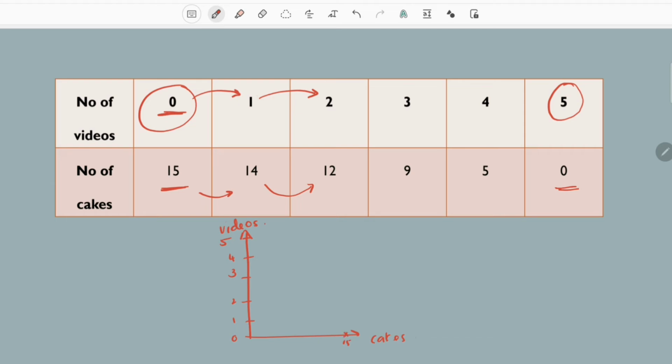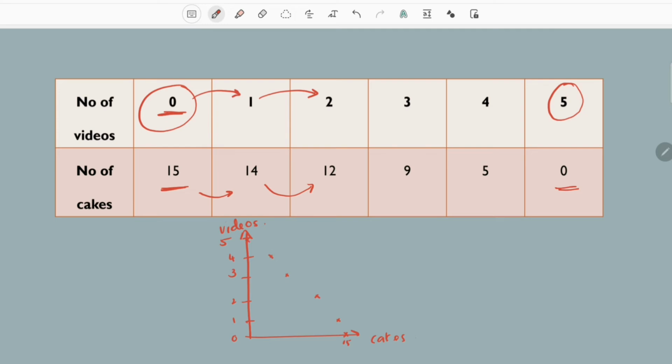When I'm making one video, it's only 14. 2, it'll be 12. 3, it'll be 9. 4, it'll be 5. And 5, it'll be 0.